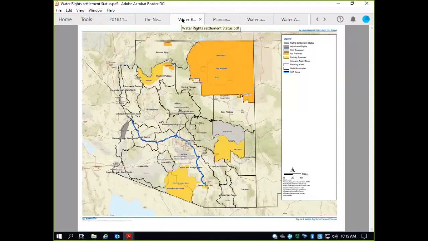You can see there are significant land areas in the state that are affected by these Indian water rights. I've just shown the Indian reservation lands on this map.